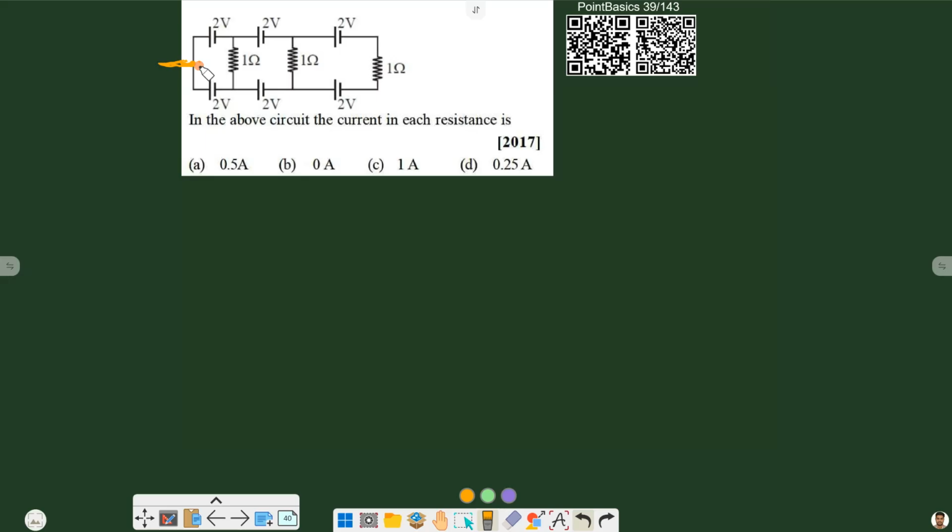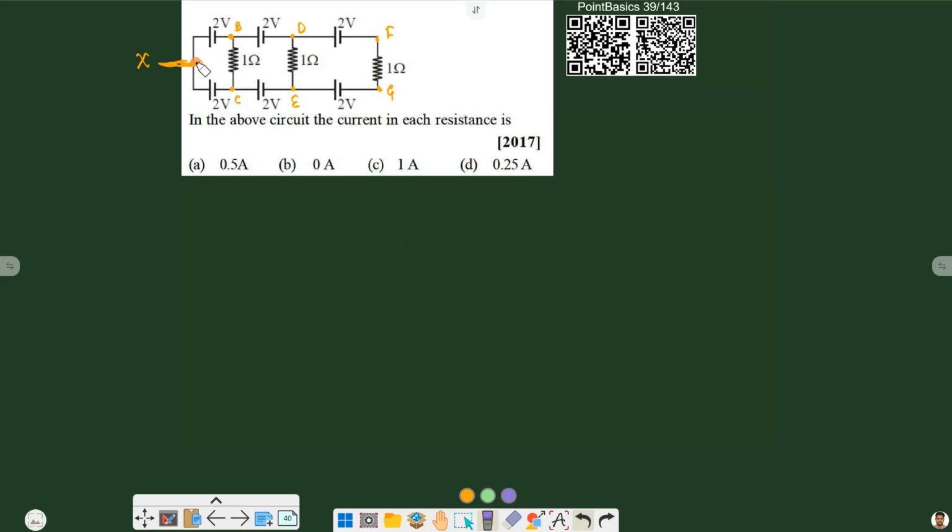Suppose this is point A and here the potential is equal to X. Suppose this is point B, this is point C, this is D, E, and here we have F and G.